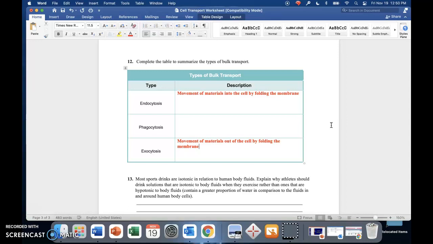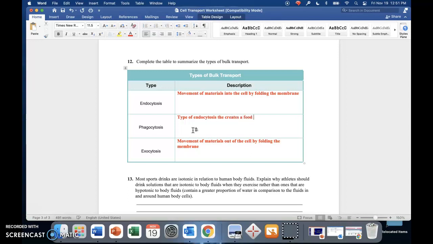Now, we have a special type of endocytosis called phagocytosis. This again is a type of endocytosis that creates a food vacuole.